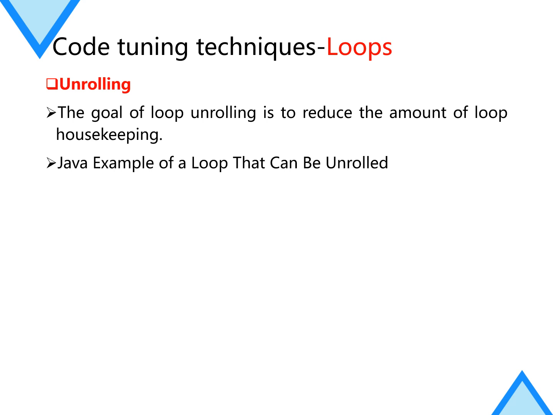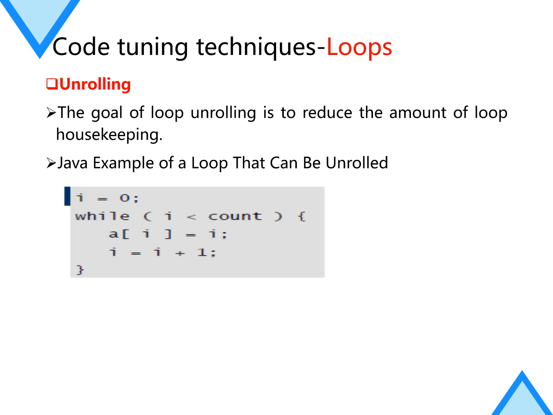So we will increase the lines of code in order to decrease the number of times the loop is running. If we reduce the number of times the loop is running by 1, we call the loop unrolled by 1. If we reduce by 2, we say the loop is unrolled by 2.